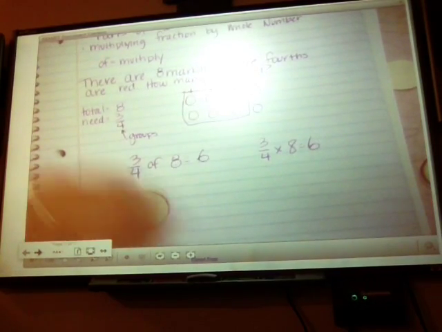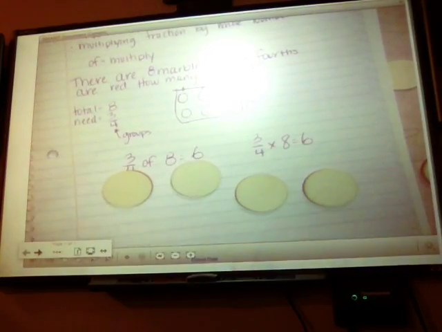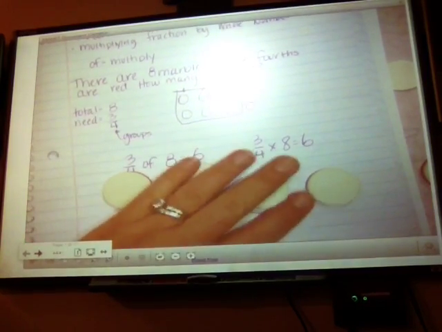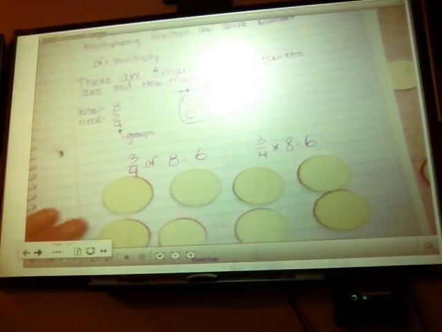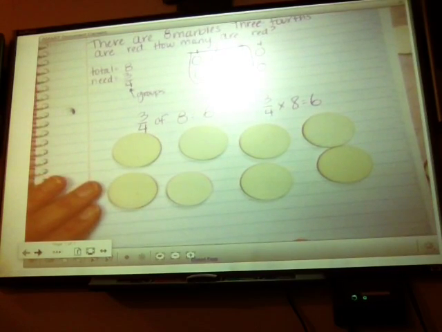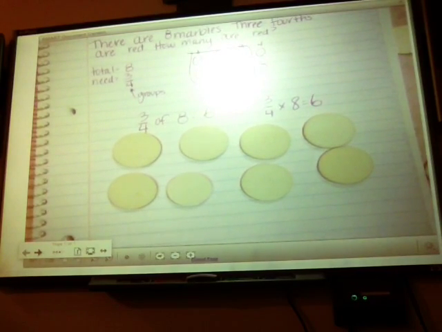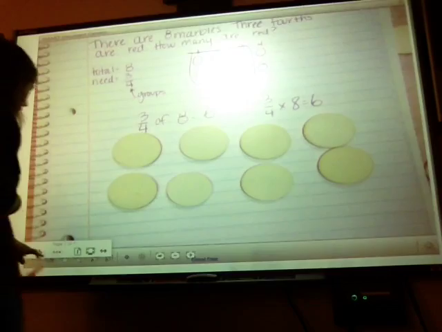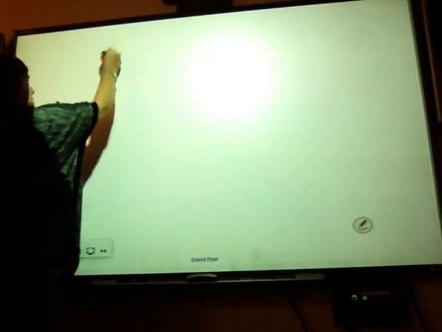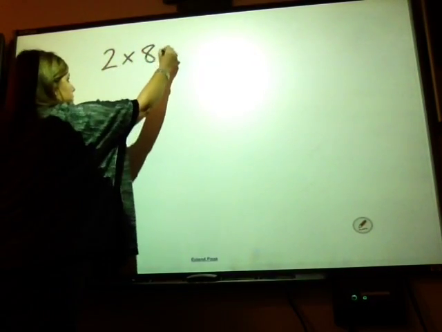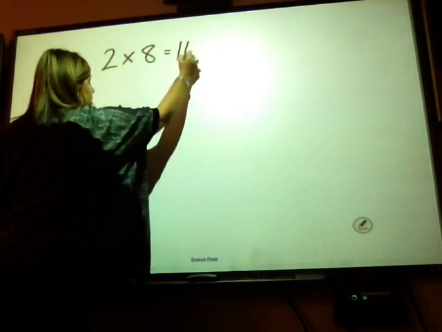Is it logical that if I started off with 8, that my answer is lower than 8? Yes, because let's talk about this. You're talking about a multiplication. What's 2 times 8? 16. Thank you.